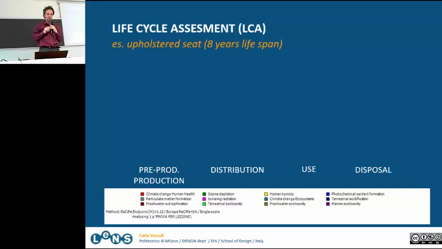And can you guess? This is the life cycle assessment. You will see later where is the highest environmental impact. But can you guess in which of the phases: the pre-production and production, which I put together, distribution, use or disposal, where you think is the highest impact?